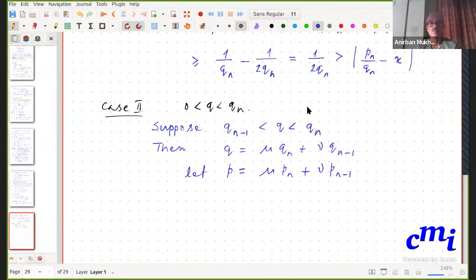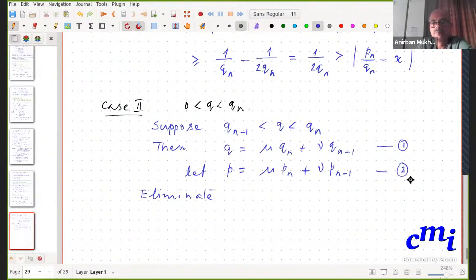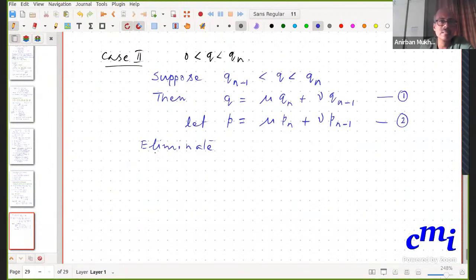Okay, so P we defined in this way. Now consider these two as linear equations in mu and nu. The first step is to eliminate nu. Let's write them as 1 and 2. I think we have used 1 and 2 too many times, but I'll probably change the numbering when I send the notes.